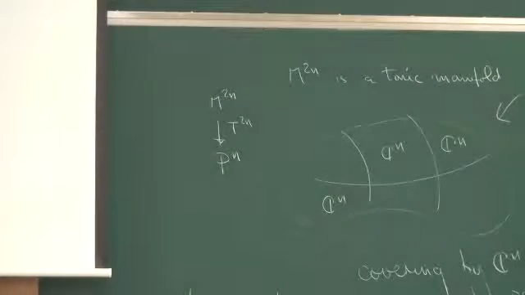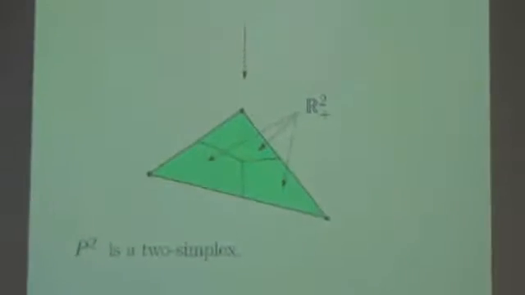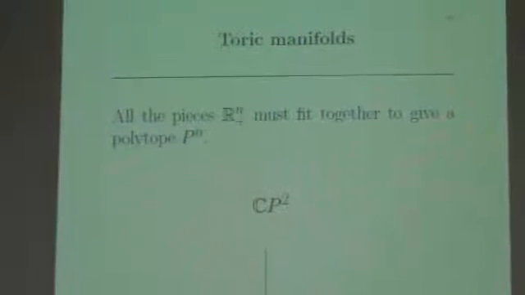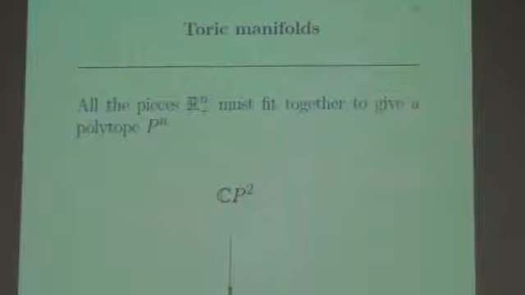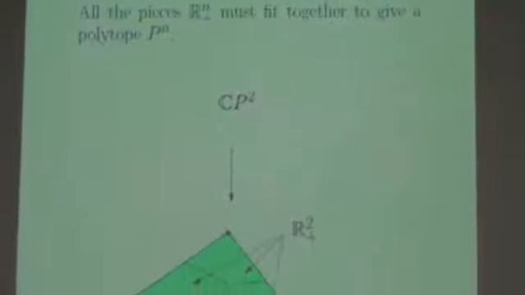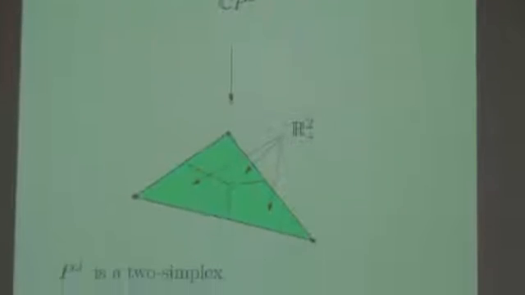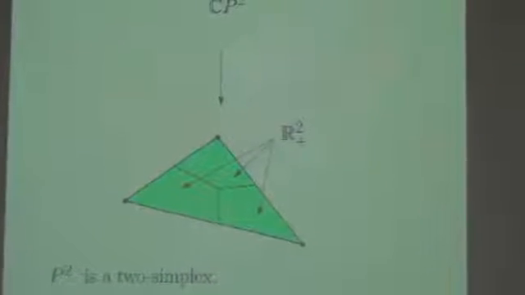Next slide, I think there's a picture of CP2 as a toric manifold. Here is CP2. So this picture tells us that CP2 has a covering by three C2 charts, given by just choosing your coordinate to be 0 in different spots.